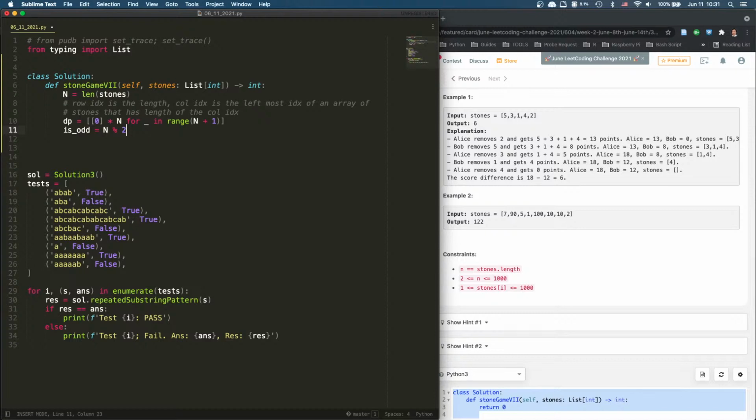Then what do we do? Well, is odd, right? If it's odd, then we're gonna start with Alice, right? If it's odd, let me see. No, if it's odd, Bob is gonna pick 2, right?